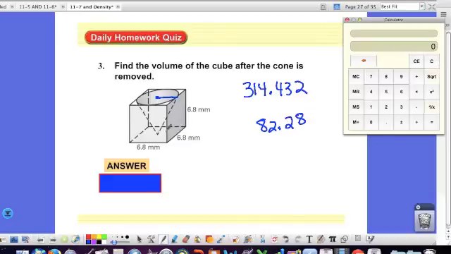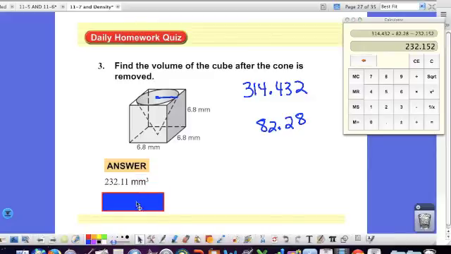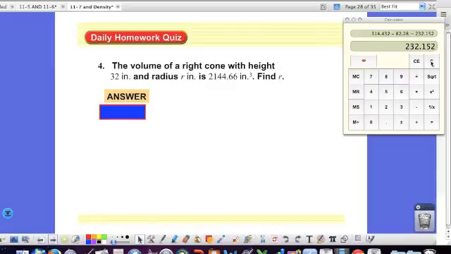So we're going to subtract the volume of the cone from the volume of the cube. And that's going to equal about 232.152. This one, our answer is fairly close. Still rounding, difference between using pi and 3.14.